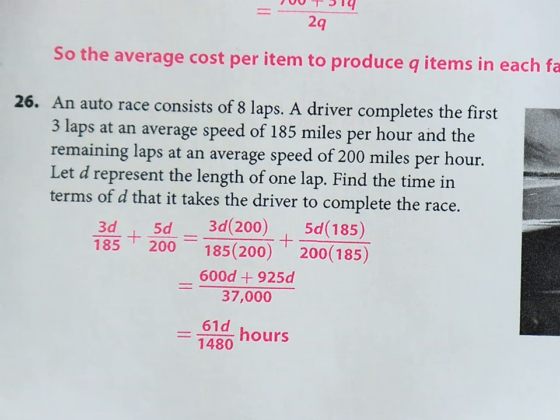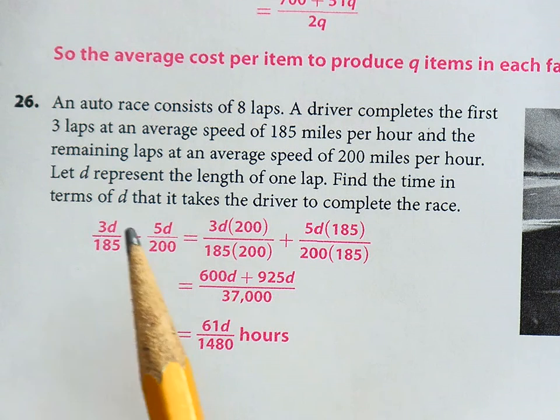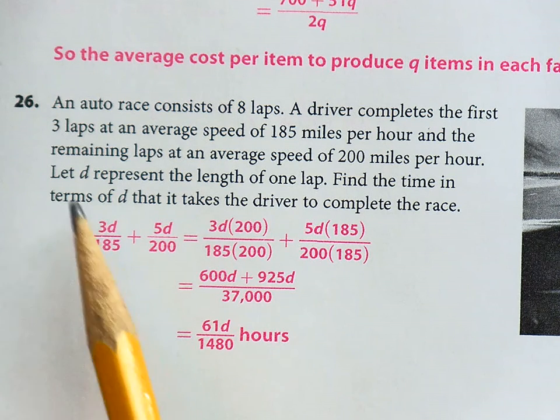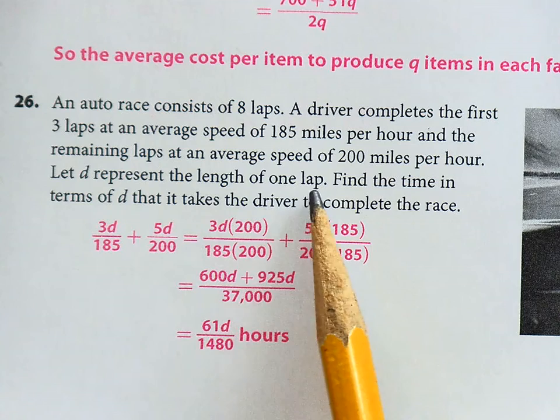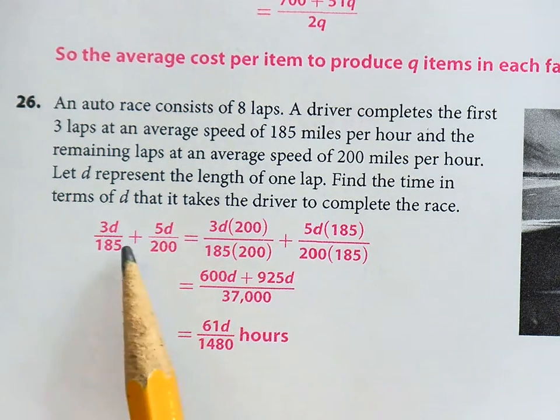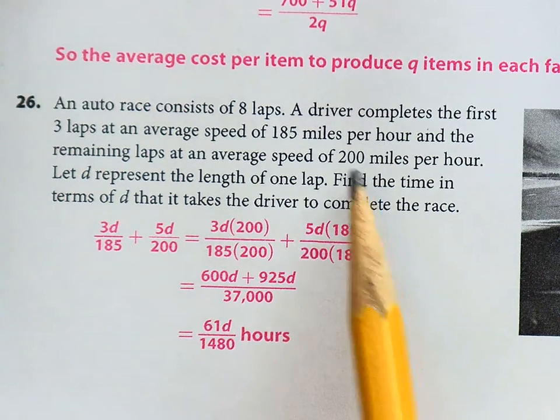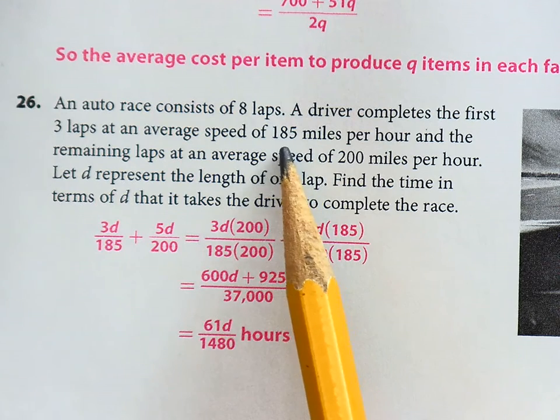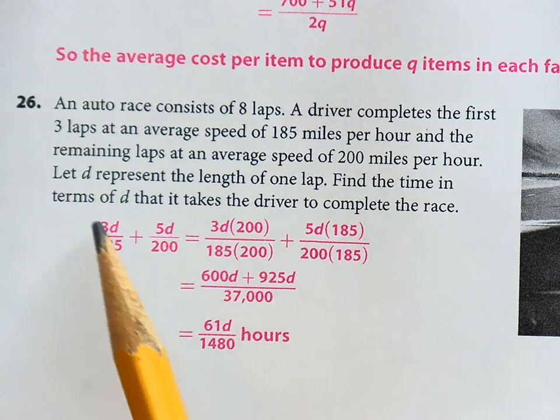So on 26, we have our d represents the length of one lap. So we have 3d, and we have our miles per hour of 185 miles per hour.